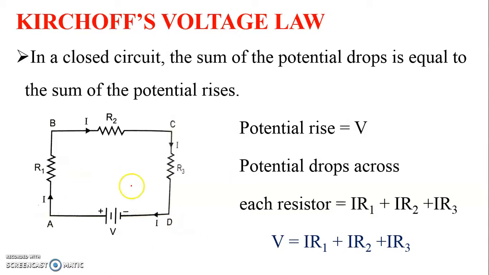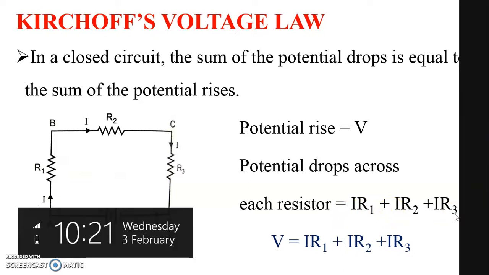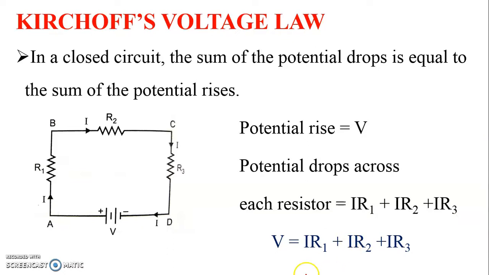Here the potential rise is nothing but the EMF, which is denoted as V. The potential drops: here we have 3 resistances, so we have 3 potential drops, written as IR1 plus IR2 plus IR3. According to the statement, potential rise is equal to potential drop. In this manner the equation is written.